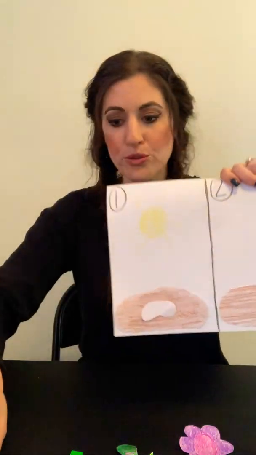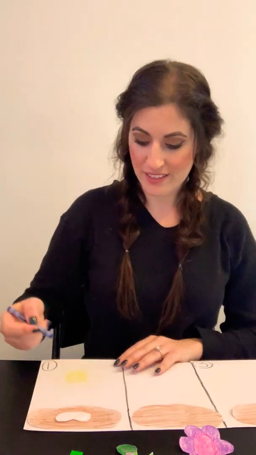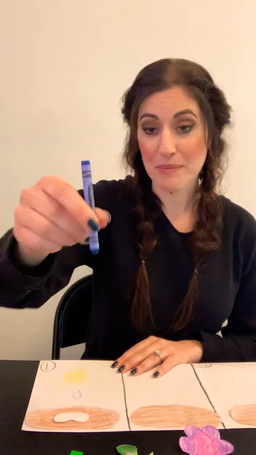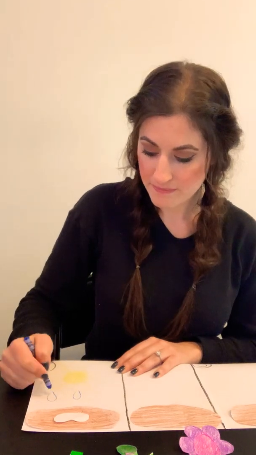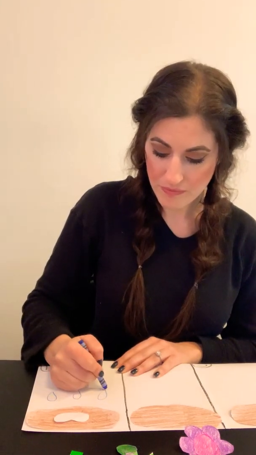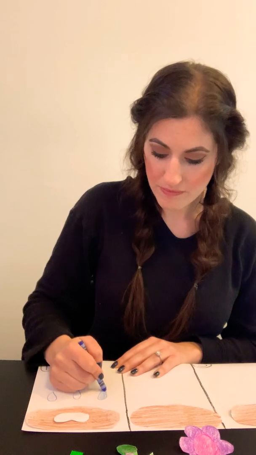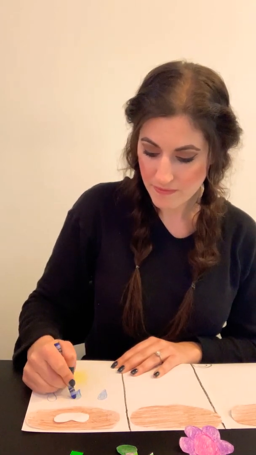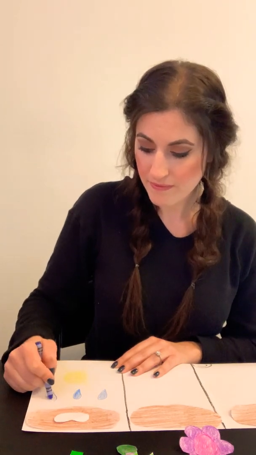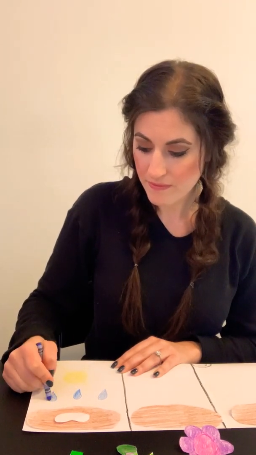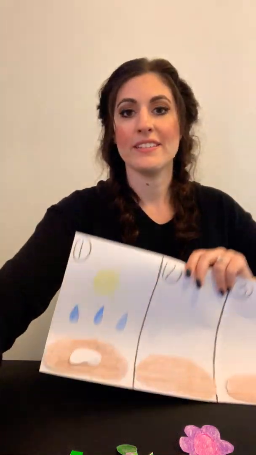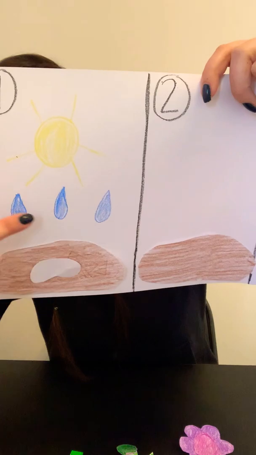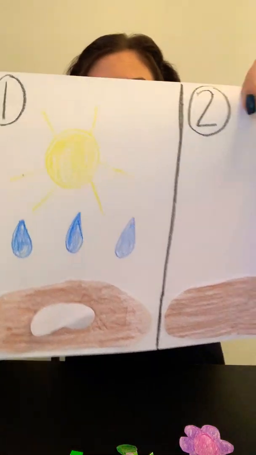And now I'm going to draw the rain or the water. So I'm using my blue crayon. Okay, so to help my seed grow into a flower, I have my sun and I have the rain.